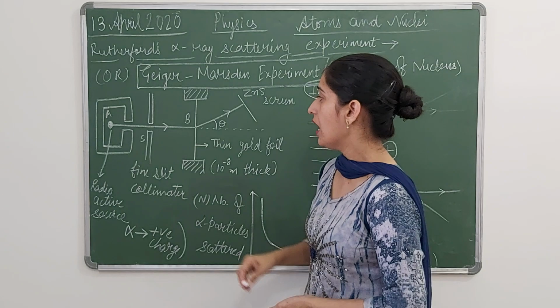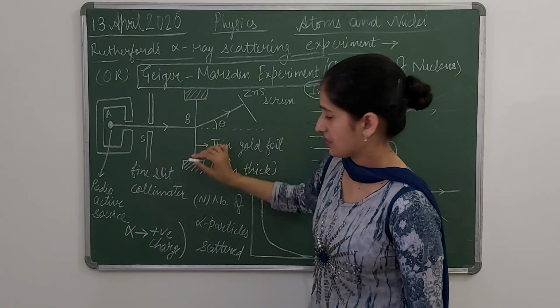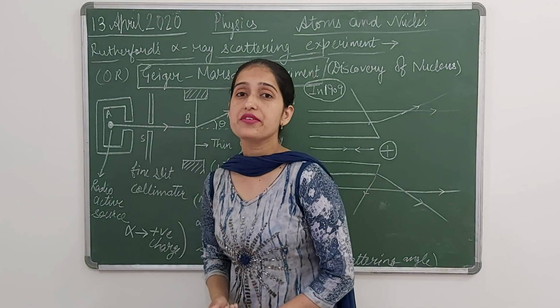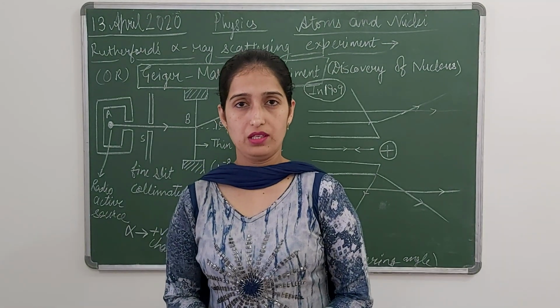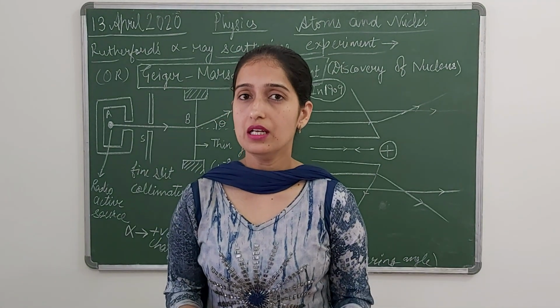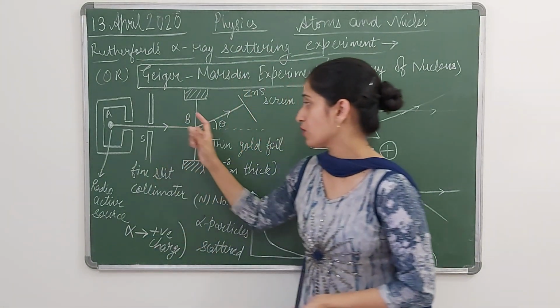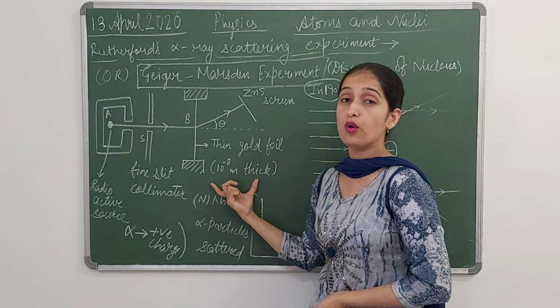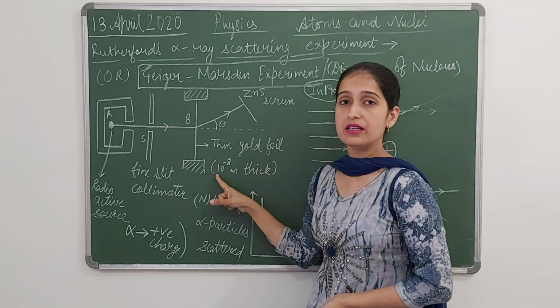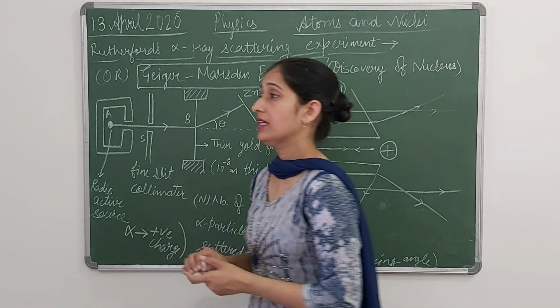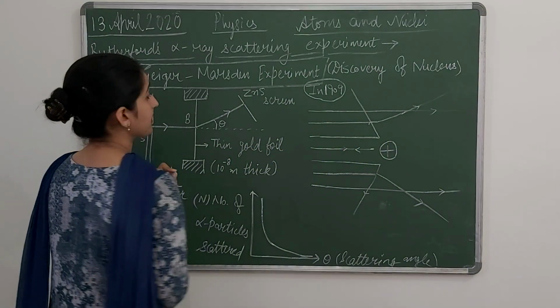slit collimator. After that, we have a thin sheet of gold foil or thin sheet of gold metal. And the thickness of this gold foil is of the order 10 to the power minus 8 meter. That means the foil is very thin.